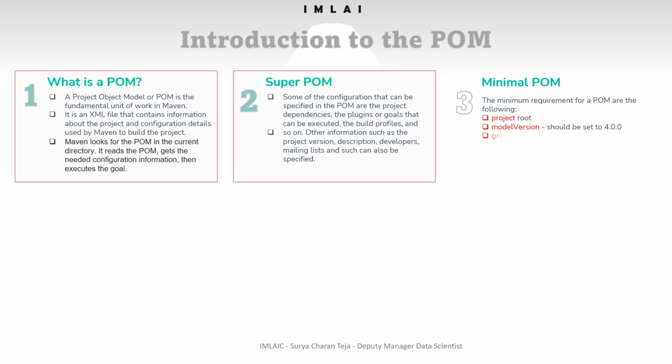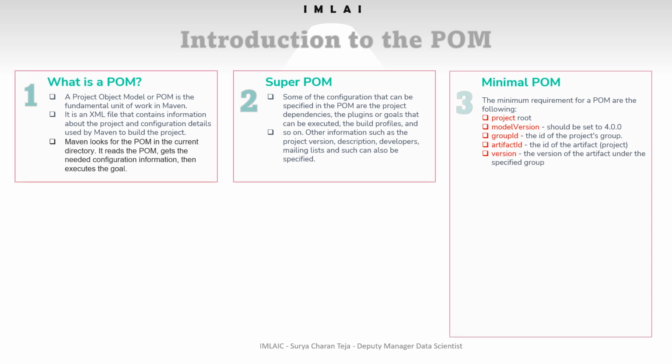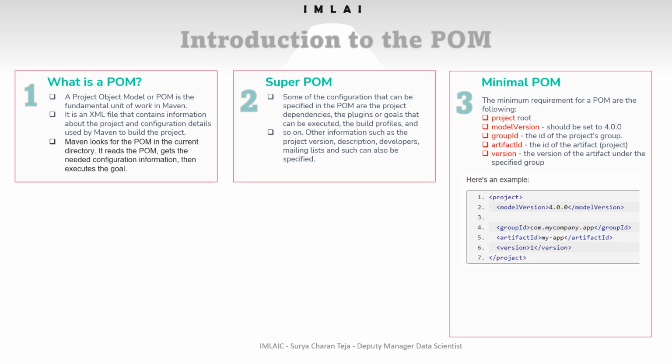Then group ID, the ID of the project's group. Then artifact ID, the ID of the artifact or project, and version, the version of the artifact under the specified group.